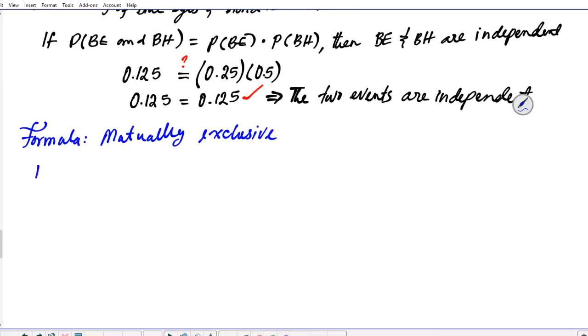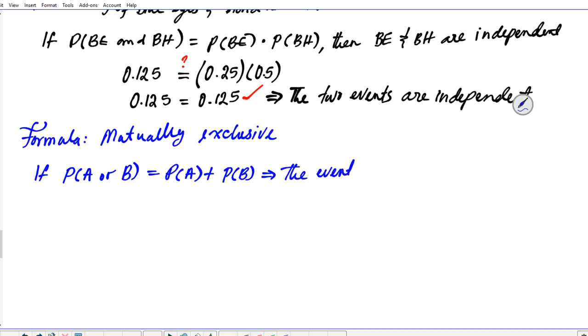So if the probability of an event A or B is equal to probability of A plus probability of B, then it follows that the events are mutually exclusive.